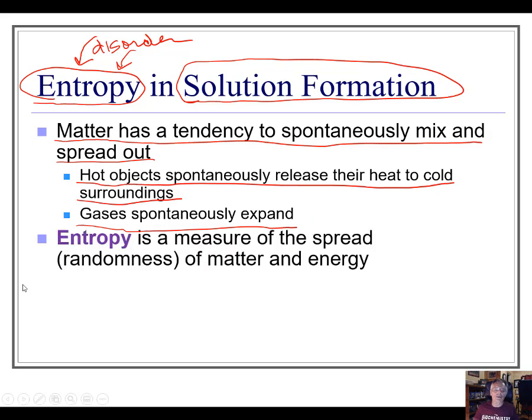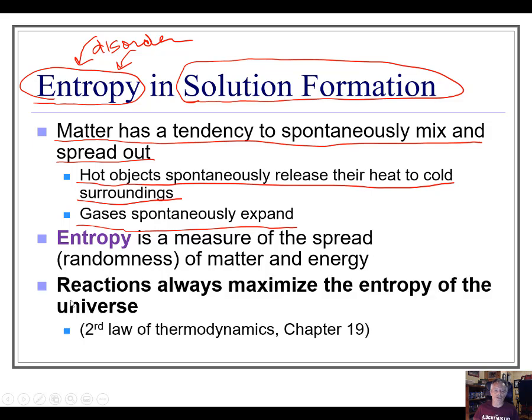All right, entropy is a measure of the spread, the randomness of matter and energy. And it can be both matter and energy when we're talking about entropy and the natural increase in disorder. So reactions always tend to spontaneously maximize the entropy of the universe.